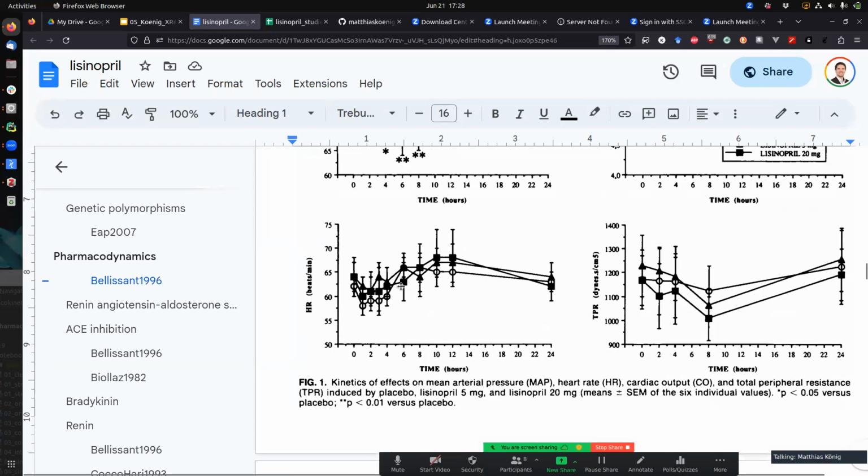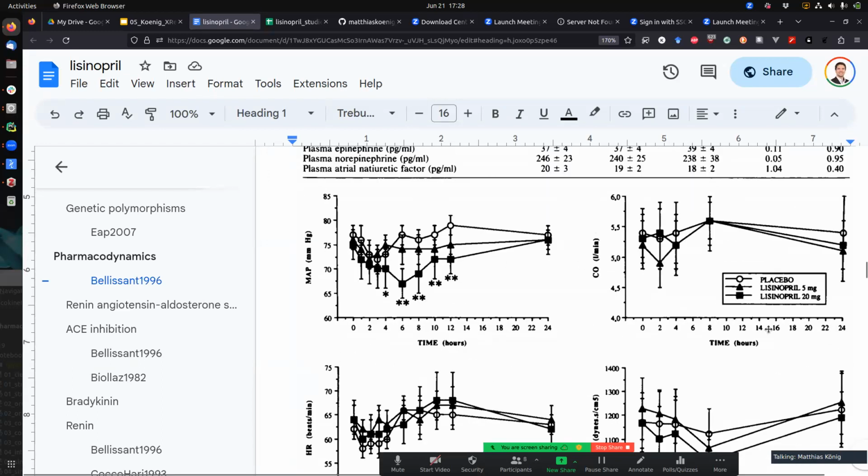For certain things, we see just that the readouts are very similar. For instance, for the heart rate, we see these 3 different groups: the placebo, lisinopril 5 milligrams, and lisinopril 20 milligrams. For certain readouts we want a big difference. For instance, for the mean arterial pressure, it would be good if we see a big difference, and here we see some stars.